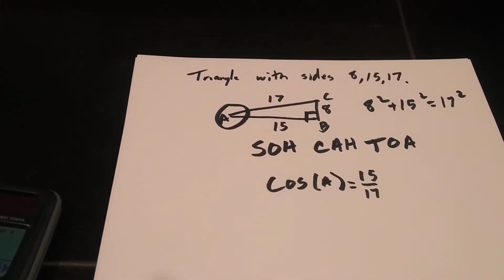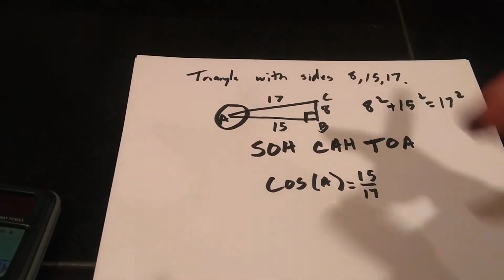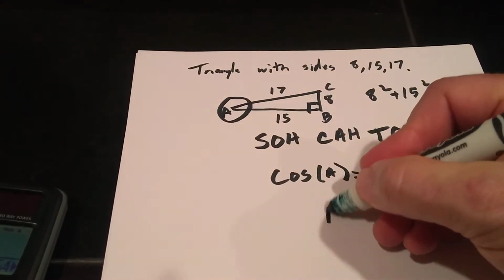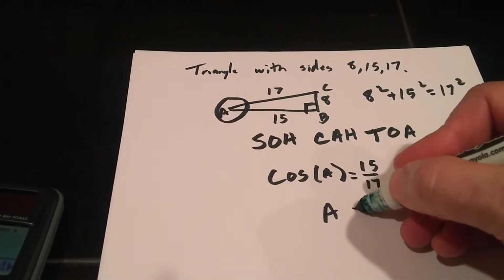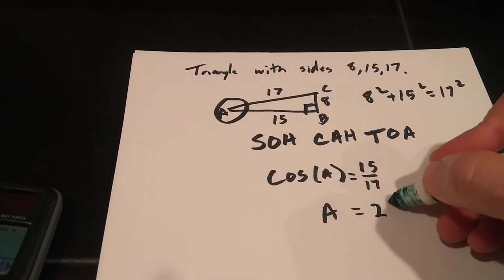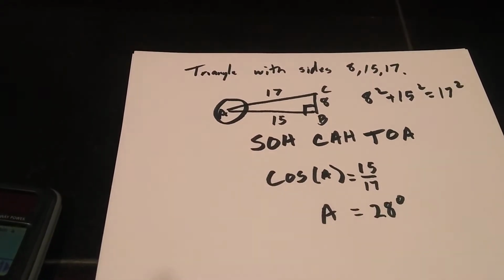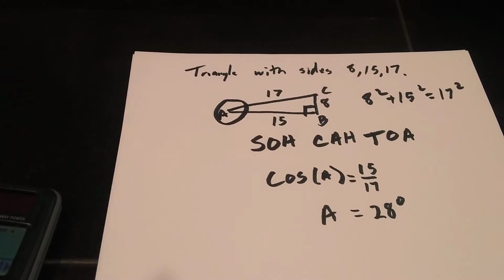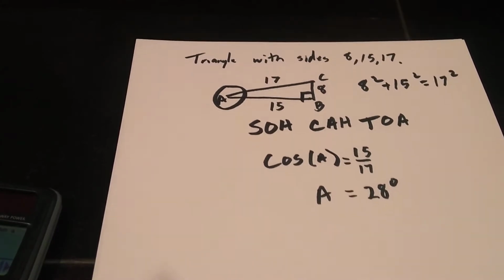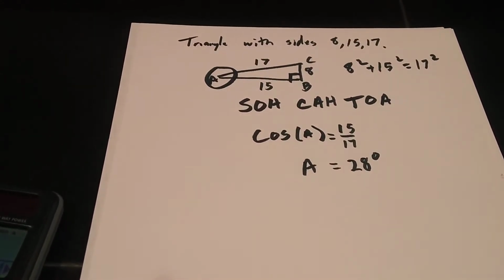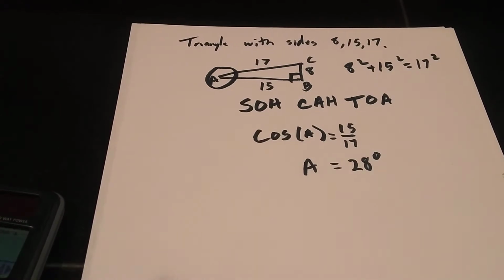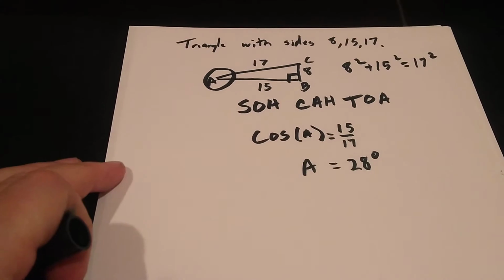So if I was going to do it that way, using the big table or the other table, I'd say the measure of angle A is, we're just going to say, 28 degrees, kind of guessing. The other way to do this is with the calculator, and I'm going to do it slightly differently. Let me do it with tangent this time.